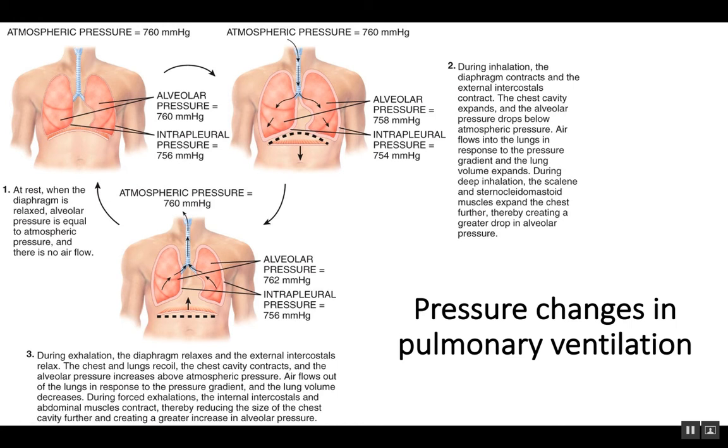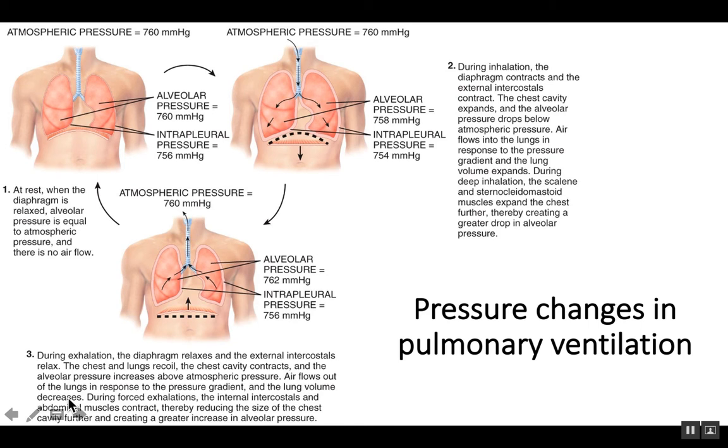The chest gets smaller, therefore the lungs get smaller. When a container gets smaller, the pressure goes up. As long as we keep that alveolar pressure above atmospheric pressure, air flows out of the lungs in response to this pressure gradient, and the lung volume decreases.